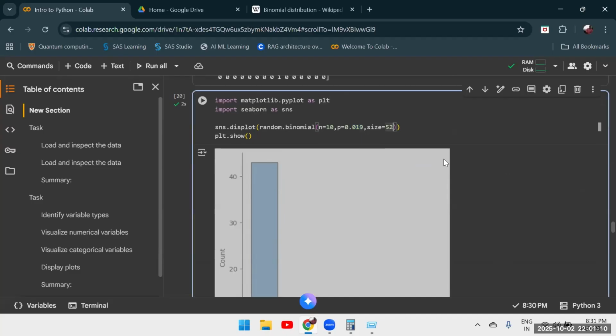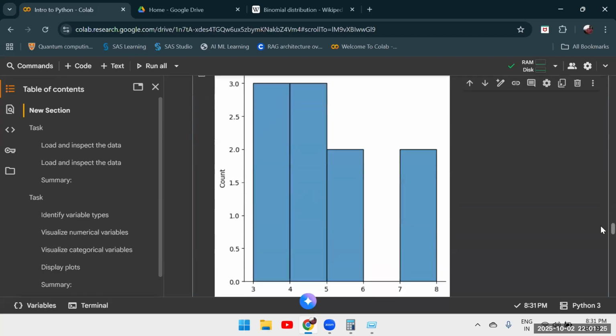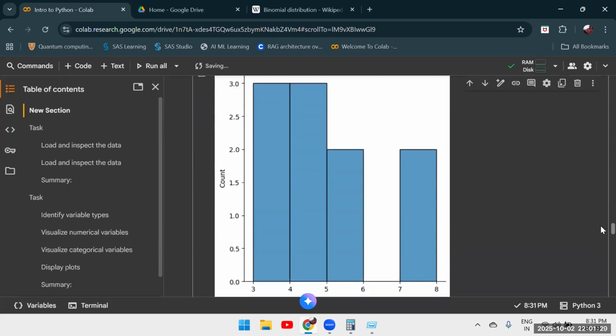For a coin toss, which is 0.5, it is showing me higher probability: I have higher chances at the third, fourth, fifth, sixth, seventh and eighth.